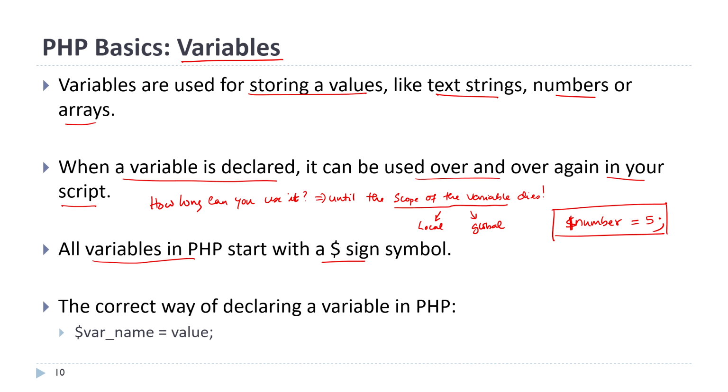The correct way of declaring a variable in PHP is $variablename equal to value followed by a semicolon. So, if I say $count equal to 0, count is a PHP variable initialized to the value of 0. That is how a variable gets declared in PHP.